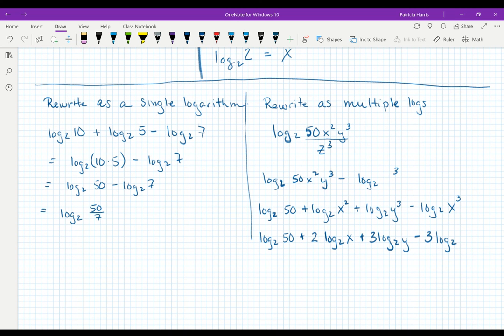Oops. My z changed to an x. That's always fun. All right, there you go. All right, so next time we will talk about graphing a logarithm and what it looks like.